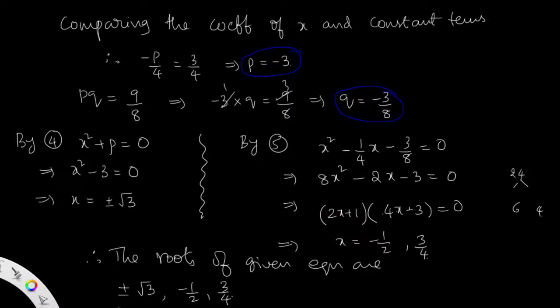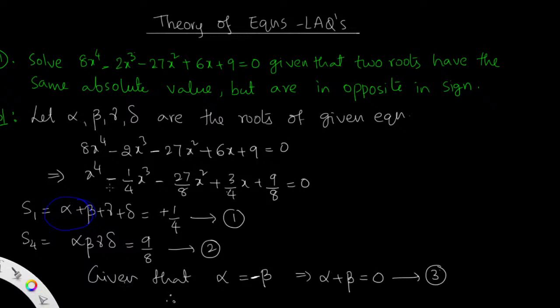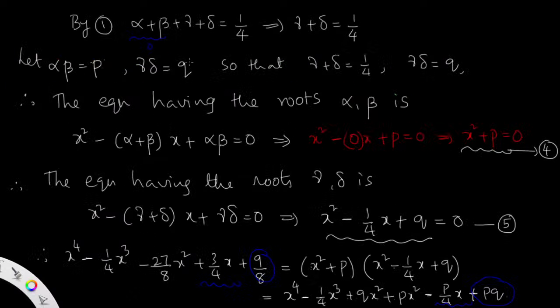So first let us take the given equation and write down the sum and product of roots. The condition is given alpha equal to minus beta, then alpha plus beta equal to 0. From the first equation, gamma plus delta equal to 1 by 4. Let alpha beta equal to p, gamma delta equal to q.